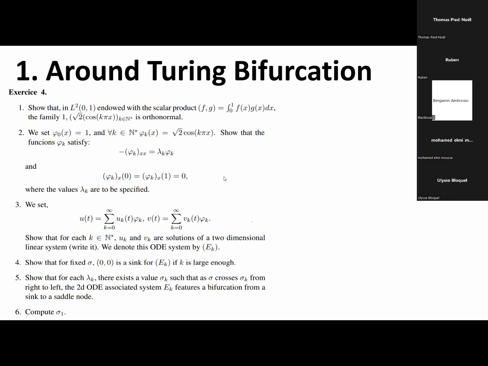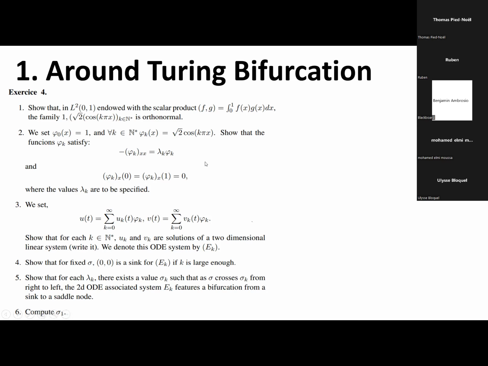So what did you see with this exercise? So first, that by using the Hilbert property of L2 of (0, 1), we were able to transform the linear reaction diffusion system into an infinite number of two-dimensional ODEs.